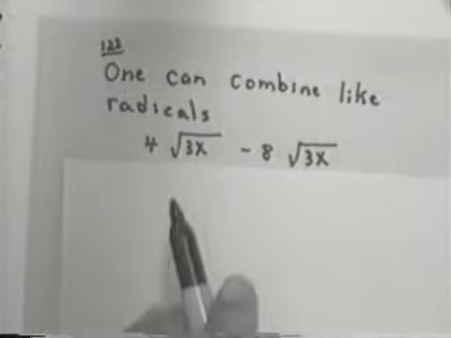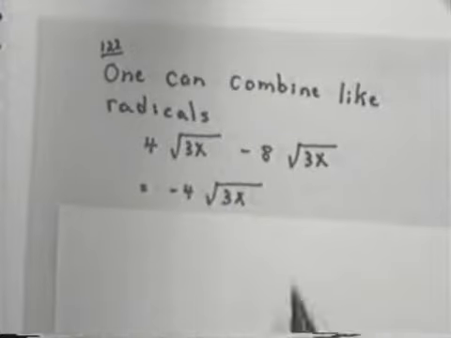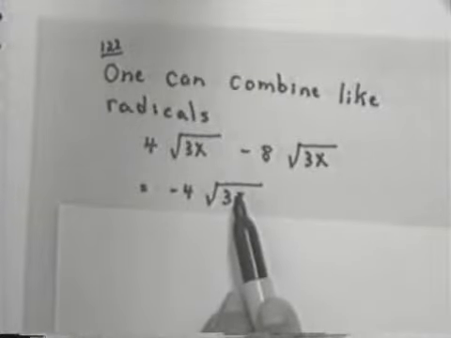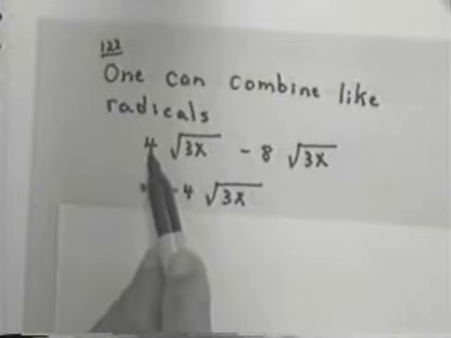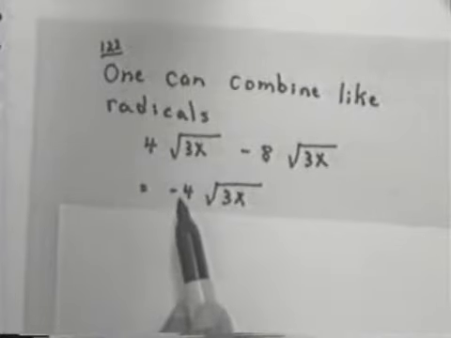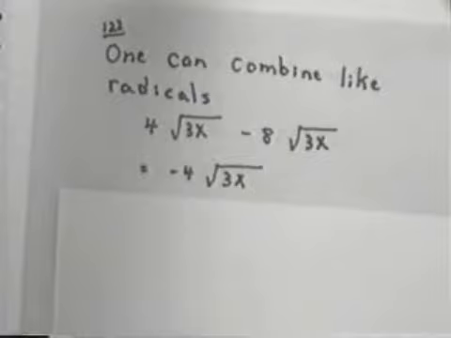So in order to combine them, one simply keeps the radical part, which is the square root of 3x, and adds or subtracts the numerical coefficients. 4 subtract 8 is negative 4. So the answer would be a negative 4 times the square root of 3x.